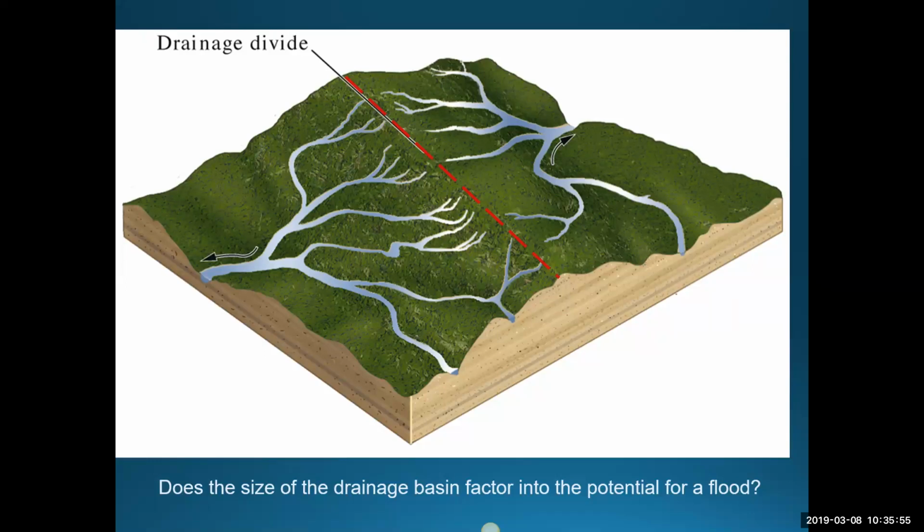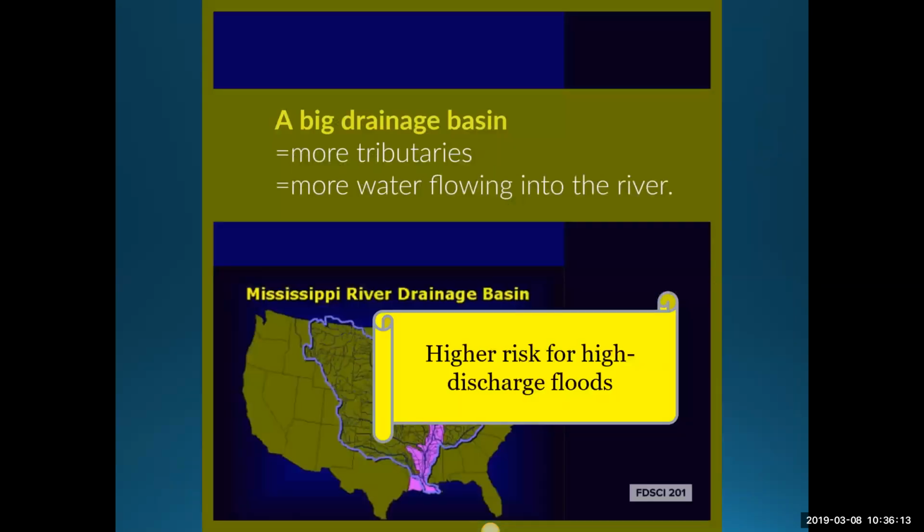If we're looking at a specific river system and we're doing some sort of analysis, what is the probability of a specific type of flood in this area? The size of the drainage basin is really important.